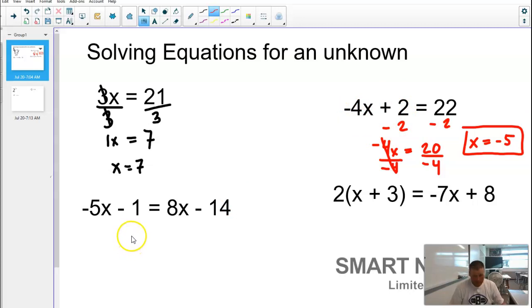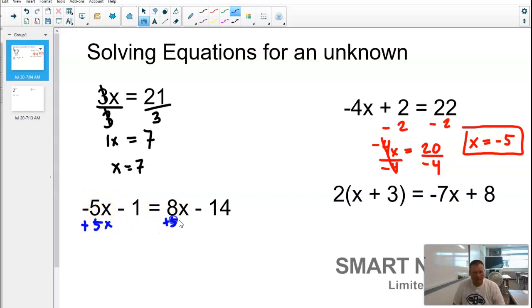All right, this bottom left one, we have to get like terms together because I've got multiple variables, so I need to get those together, and I need the numbers without variables together. So I'm going to move one of the x's to the other side. I'm going to move this 5x by adding 5x, because then that gives me 0x on this side.